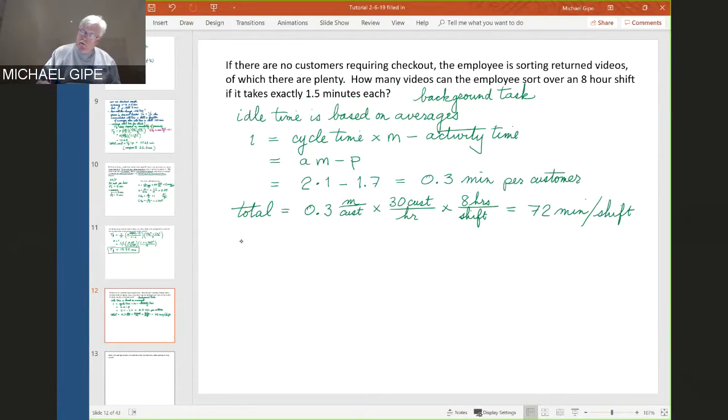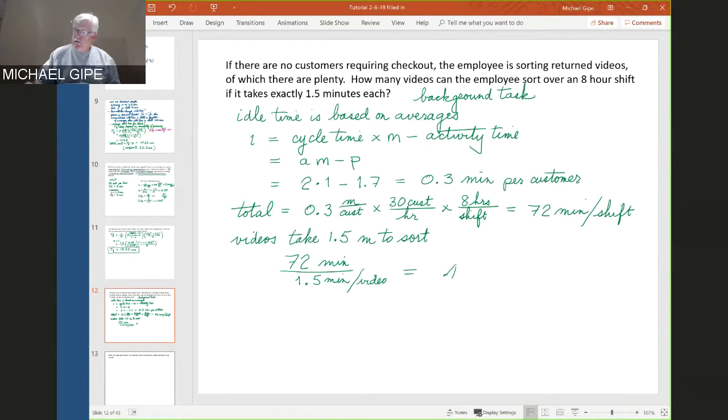And since videos take a minute and a half to sort, we take the 72 minutes available in a shift divided by 1.5 minutes per video, and that equals a grand total of 48 videos sorted per 8-hour shift.